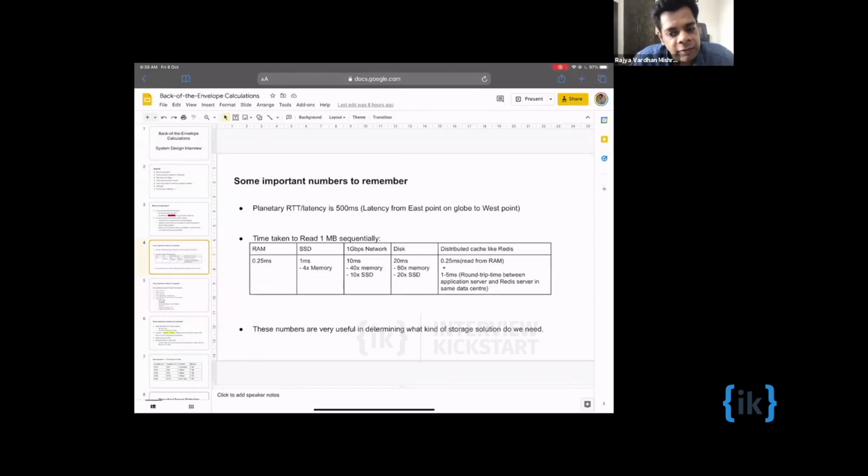We can take these numbers as a rule of thumb. Reading 1 MB of data from a 1 Gbps network takes 10 milliseconds. Reading from disk takes 20 milliseconds. Now you can see why caches are so effective, because cache is 80 times faster than a disk.